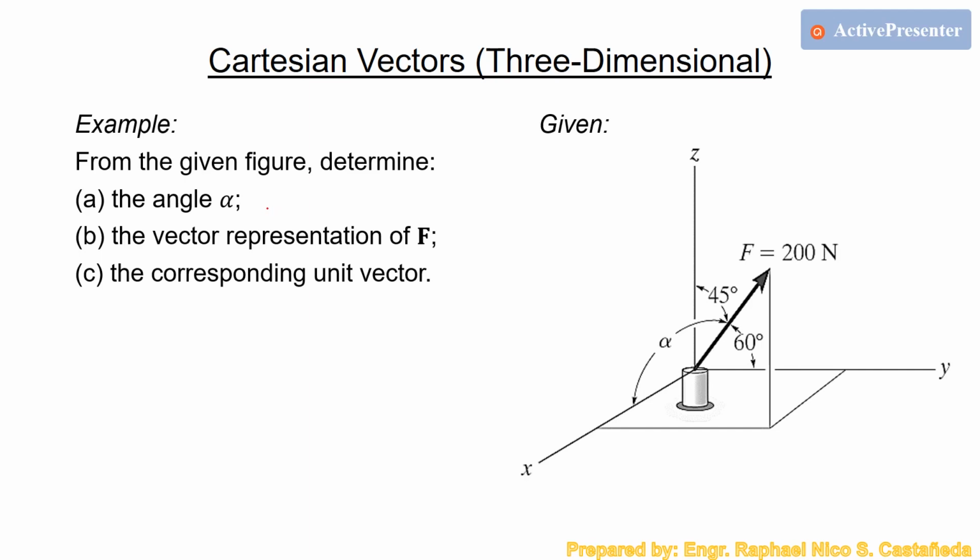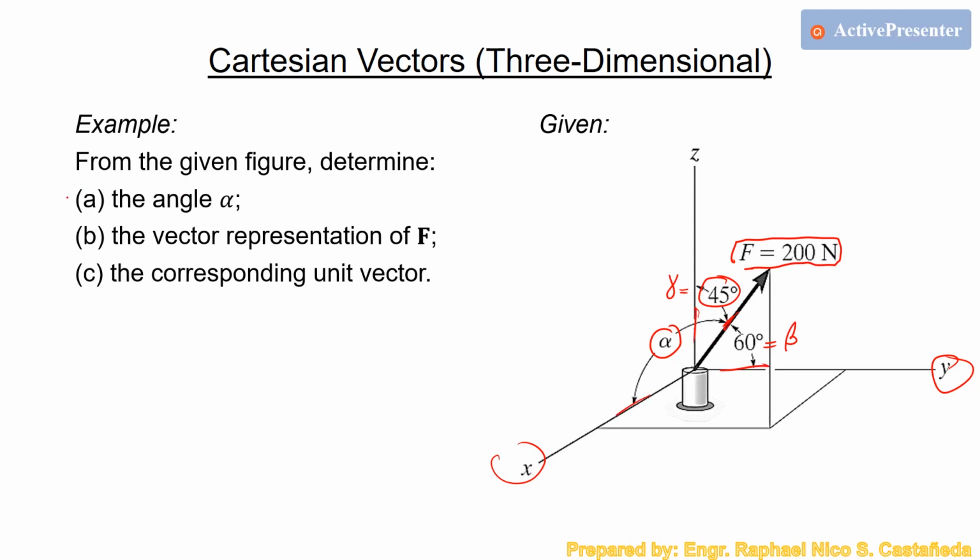So let's have here an example. From the given figure, as you can see, we have a force vector of 200 newtons, with direction angles alpha for the x-axis, beta for the y-axis, and gamma for the z-axis, measured from the vector to each coordinate axis.